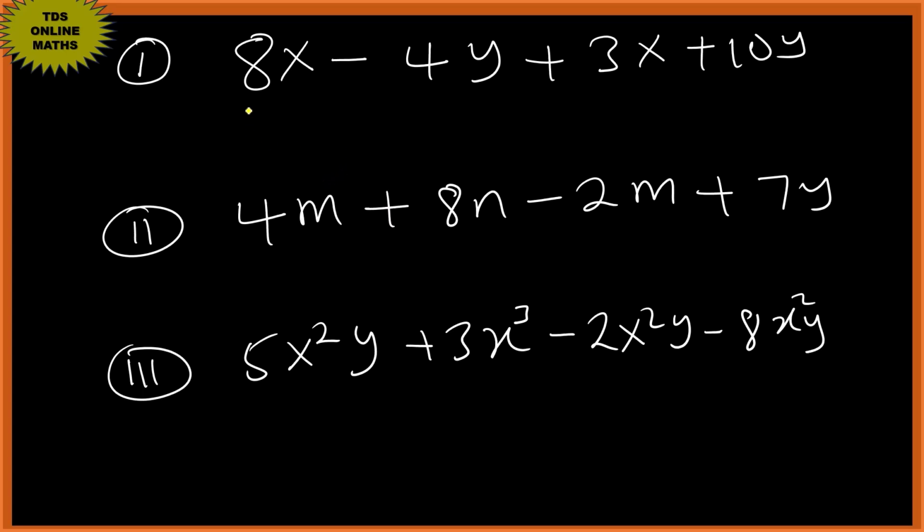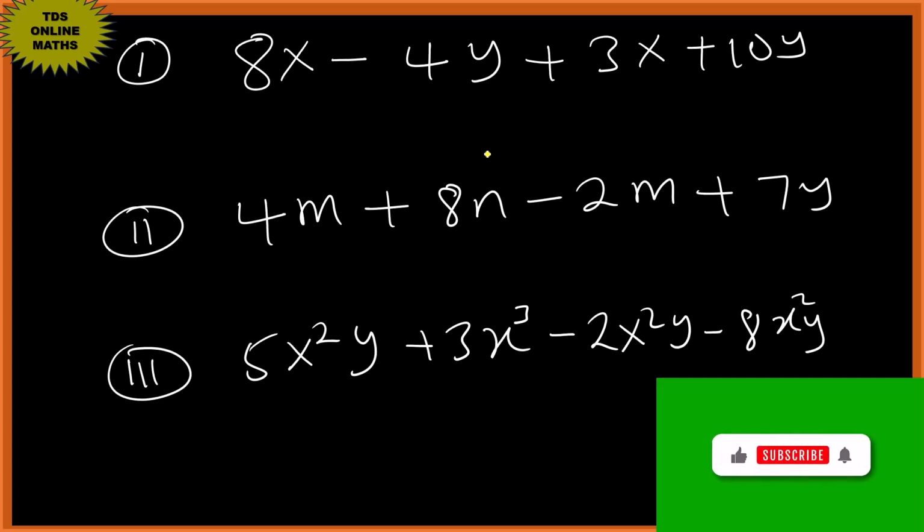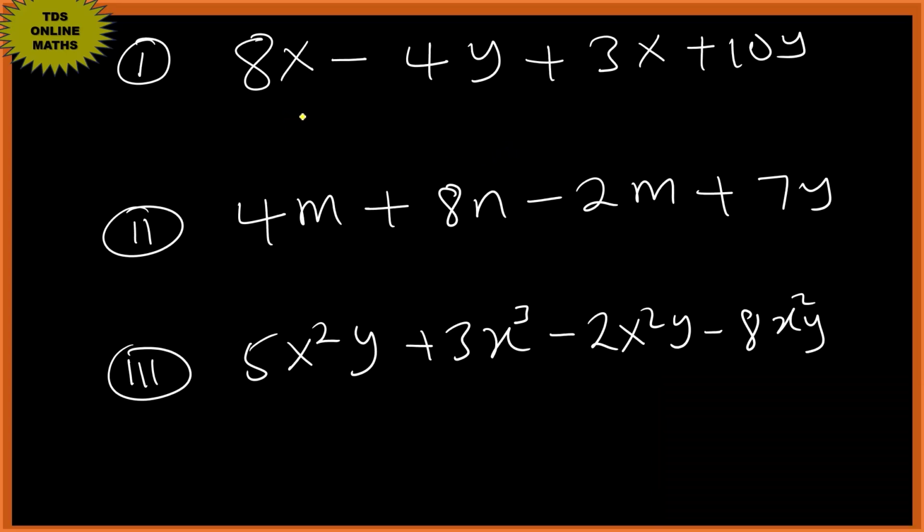All right, so we are given 8x minus 4y plus 3x plus 10y. Okay, if you are asked to simplify these expressions, what you have to do is look for the like terms. If the terms are like, you can put them together.